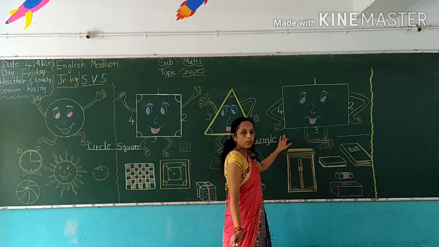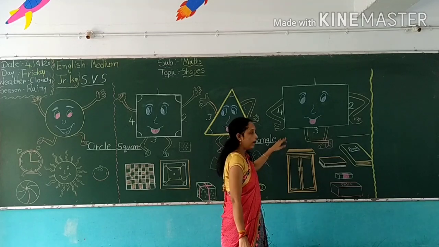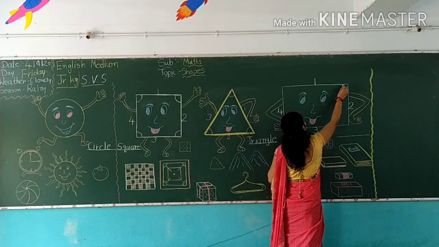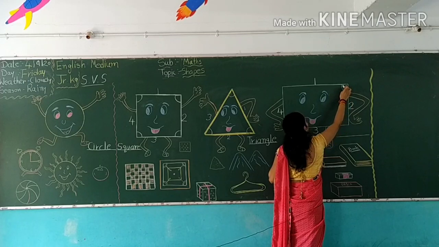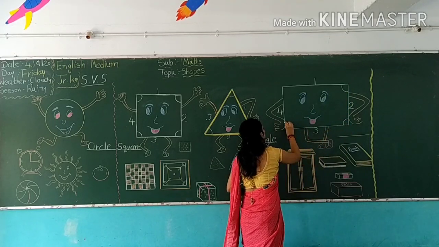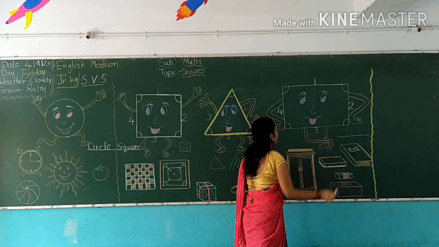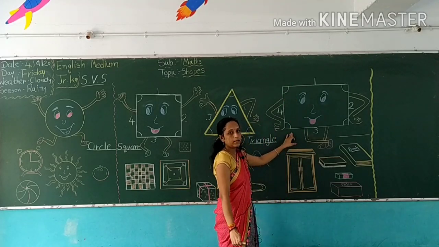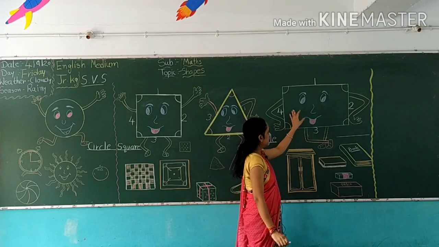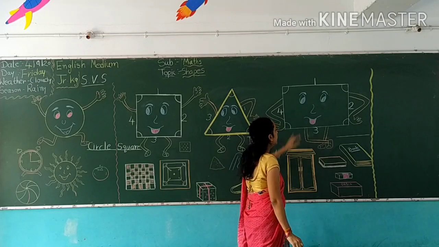It has 4 sides and it has 4 corners. 1, 2, 3 and 4. It has 4 corners. It has 4 sides and 4 corners.